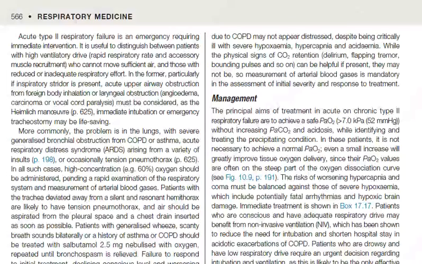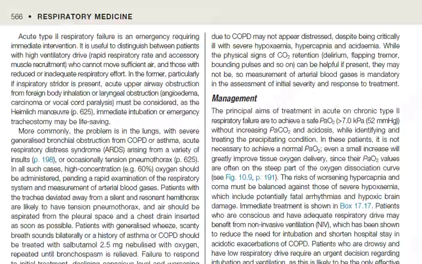Management. The principal aims of treatment in acute or chronic type 2 respiratory failure are to achieve a safe partial pressure of arterial oxygen more than 7 kPa or 52 mm mercury without increasing partial pressure of arterial carbon dioxide and acidosis, while identifying and treating the precipitating condition.